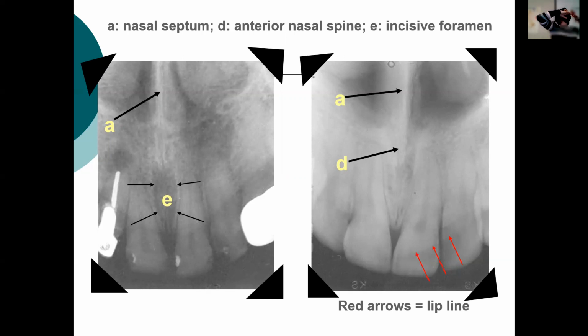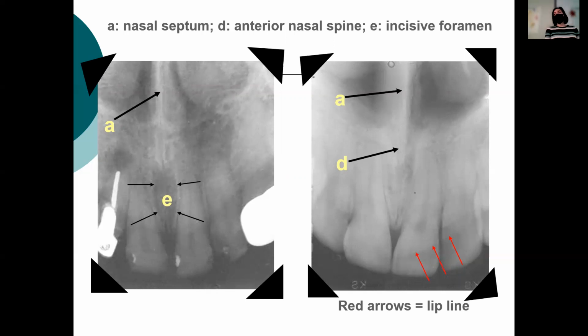Typically if you see both of them, you'll see the nose is higher, over the roots, and the lip will be closer to the crown. But you could get a nose that comes down farther than you might think because of the vertical angulation of how they took the picture or the shape of their nose.